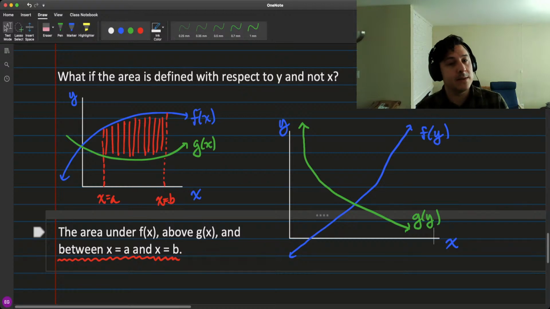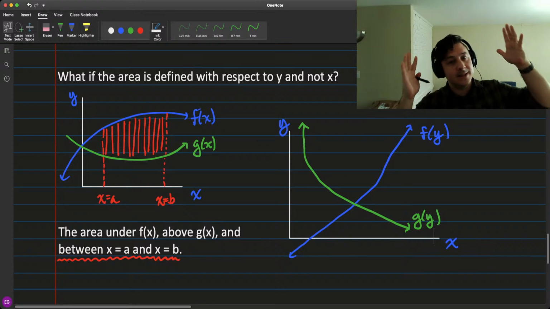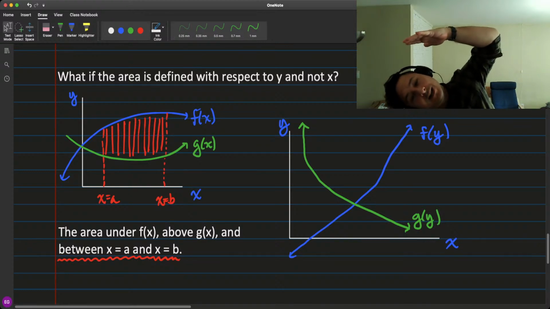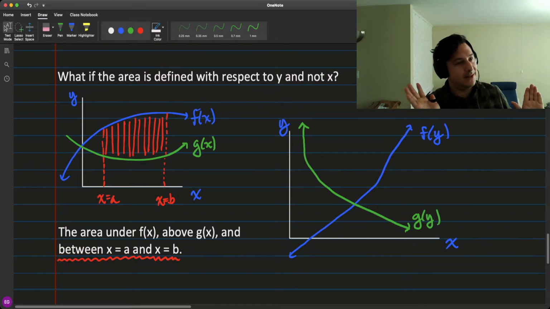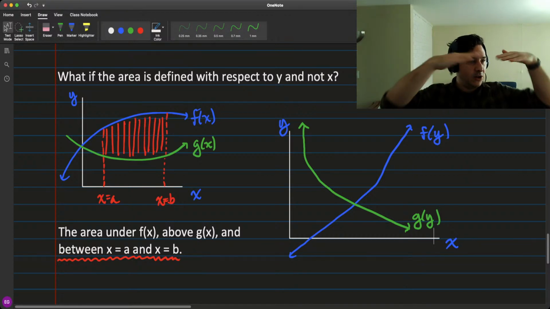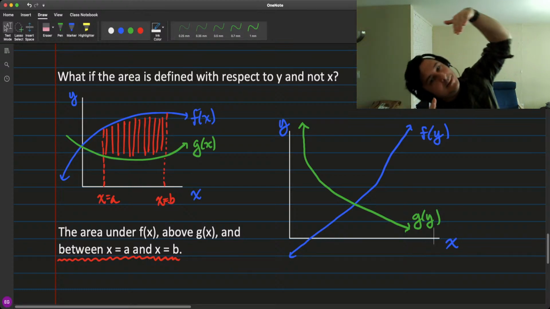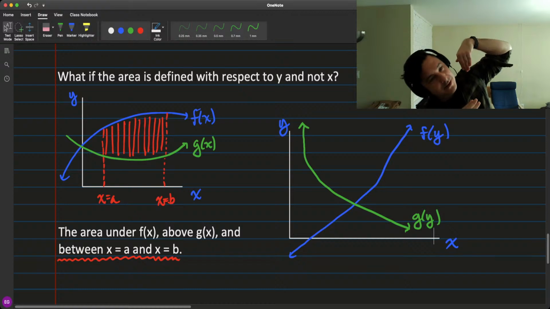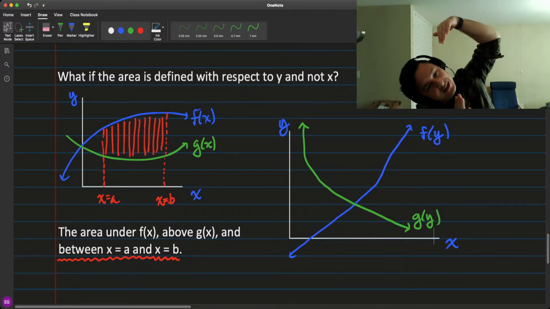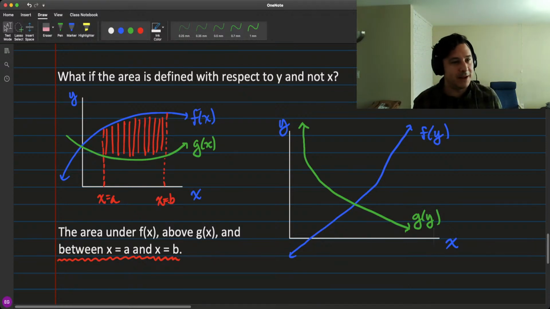Because y is the independent variable, when you're looking at this, you should be turning. Y is now what your x-axis should be. Normally the x-axis is horizontal, so imagine turning your head so the y-axis is your horizontal. Can everyone see me in the camera doing the tilting? That's how you need to be thinking about this.